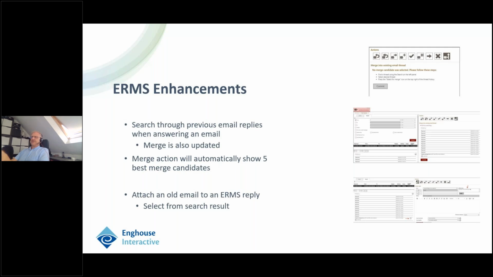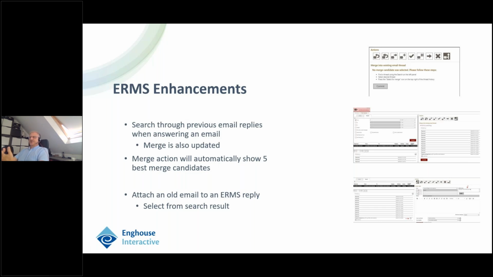So to accomplish this, we moved the search field to the left pane in the RMS client window. There's a separate tab now next to the email thread view. And the merge mode itself is also now updated, of course, to use this new window. It's using the same search window that is available for every type of action that you want to do to the mail.